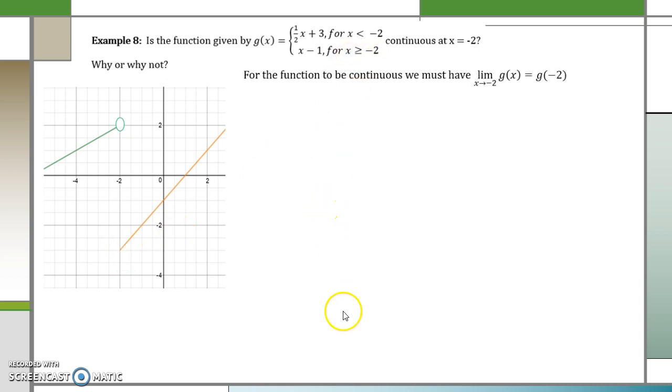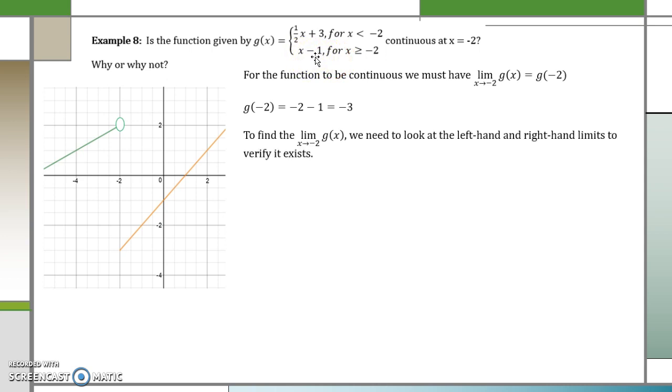So for the function to be continuous, we must have the limit as x approaches negative 2 equal to g of negative 2. We can easily find g of negative 2. Since negative 2 is greater than or equal to negative 2, we will plug in negative 2 minus 1, which gives us negative 3. And now we need to find the limit as x approaches negative 2.